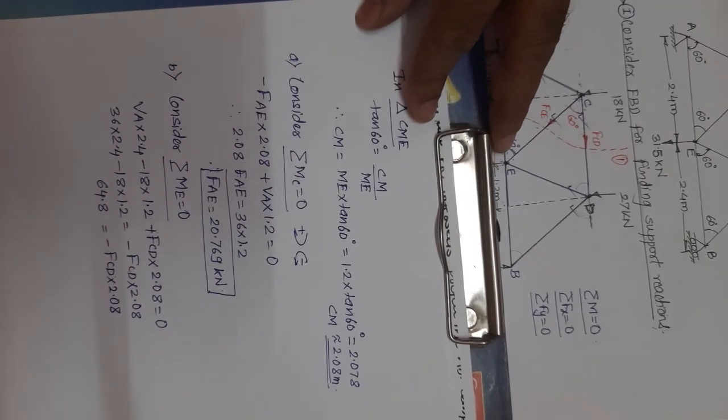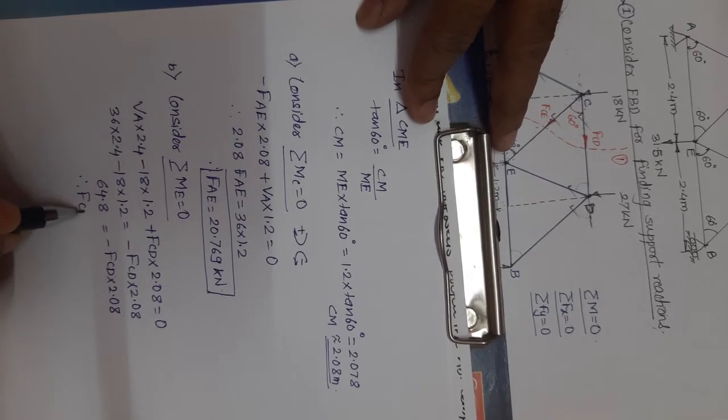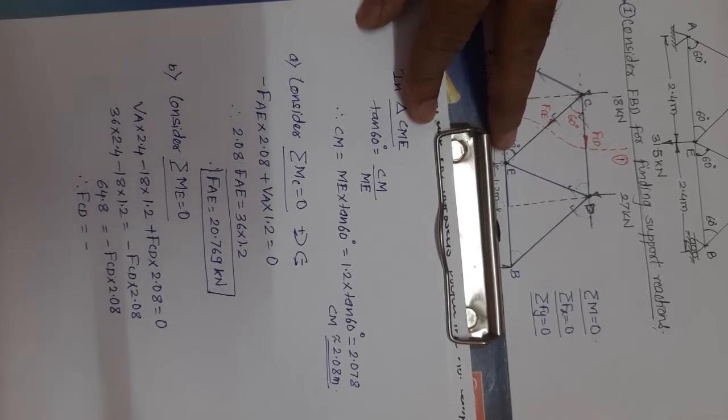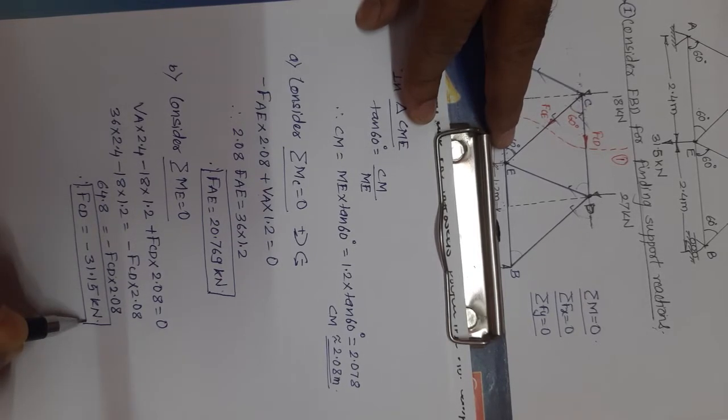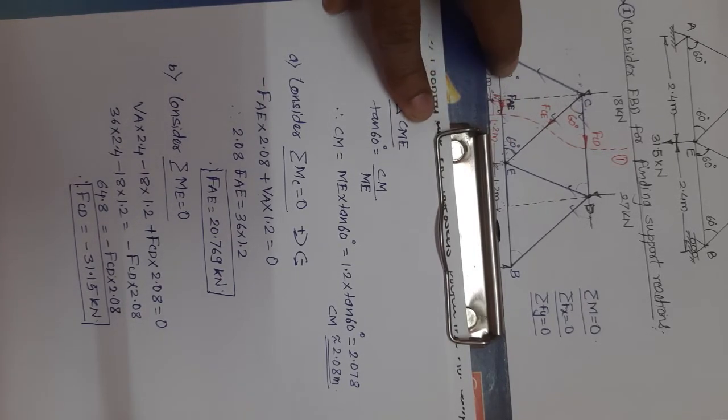So eventually FCD is equal to minus 64.8 divided by 2.08, 31.15 kilonewton. That is the value of FCD.